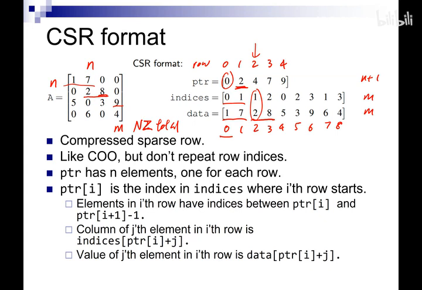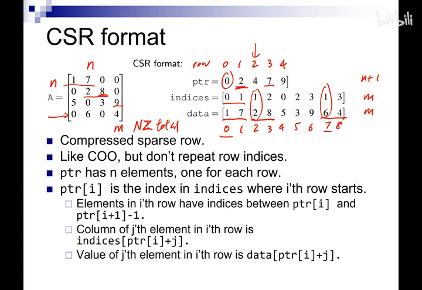Now what about something like, let's say, row 3? Row 3 is this one, so we want to get the data that's over here. How do we find where the data for row 3 starts? You go to index 3 in pointer, and this says the value 7, so that means that all of this data starts at index 7 over here.